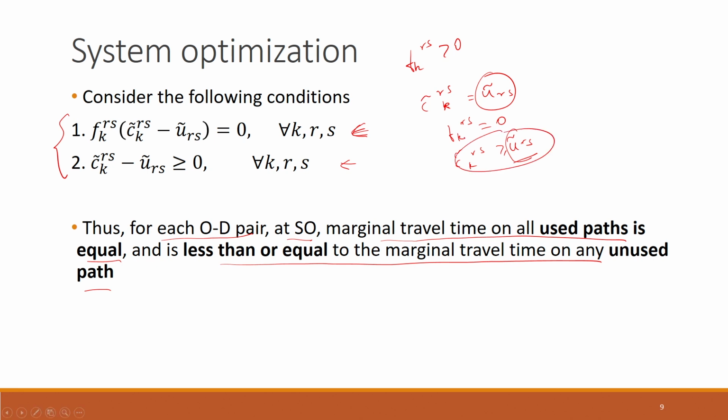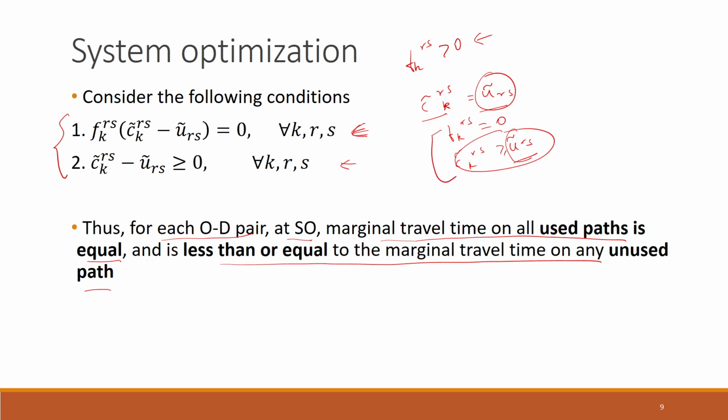So these are the used paths. So the marginal travel time on all the used paths is equal to the minimum travel time on any path connecting R to S, and this is less than or equal to the marginal travel time on any unused path, this one.